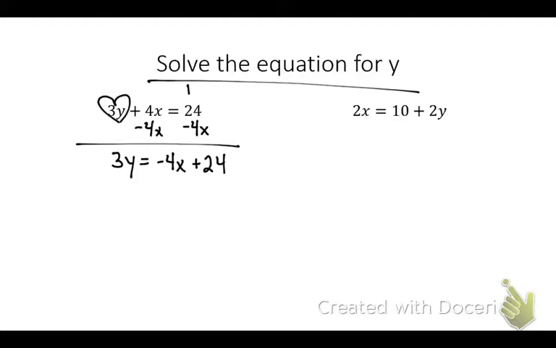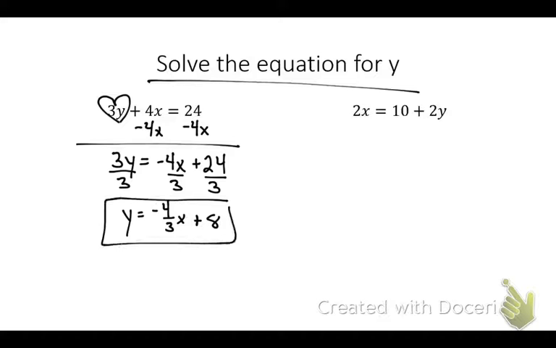Because 24 was positive in the original problem. Now one more step across the whole equation. Divide by what's connected to y. Divide by 3. So y equals negative 4/3 x plus 8. What I'm hoping is you guys are going to start seeing these problems and say, oh, I got this. This one is an easy one, quote unquote. Next one.